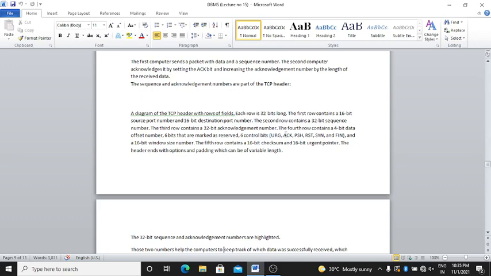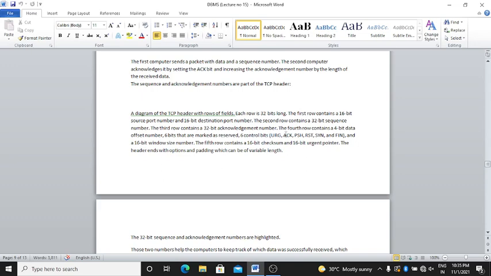The fourth row contains a 4-bit data offset number, 6 bits that are marked as reserved, 6 control bits URG, ACK, PSH, RST, SYN and FIN, and a 16-bit window size number. The fifth row contains a 16-bit checksum and a 16-bit urgent pointer.